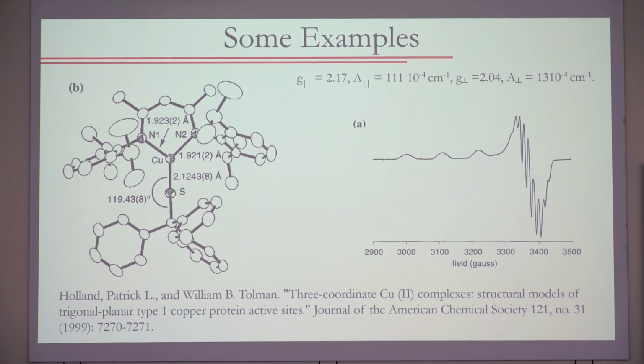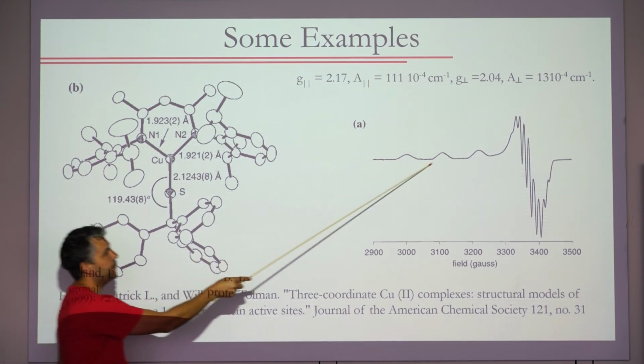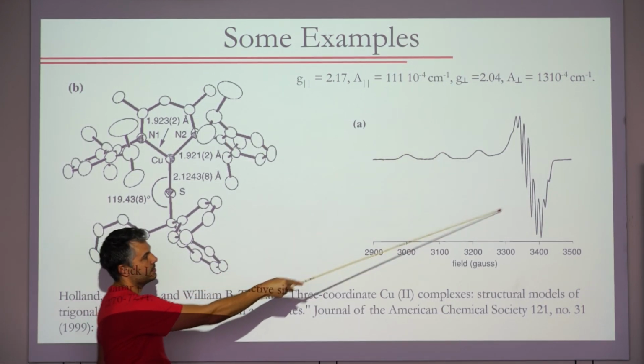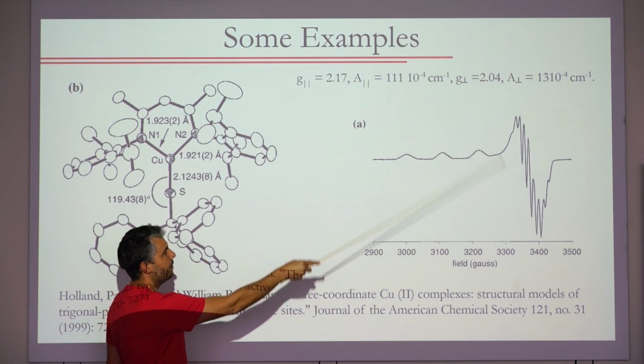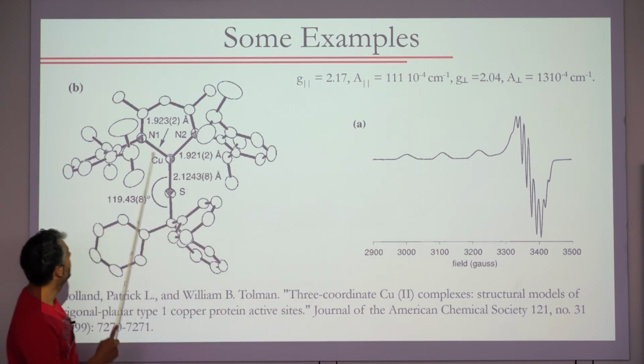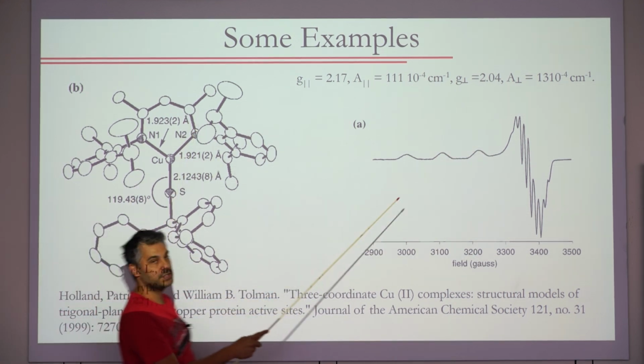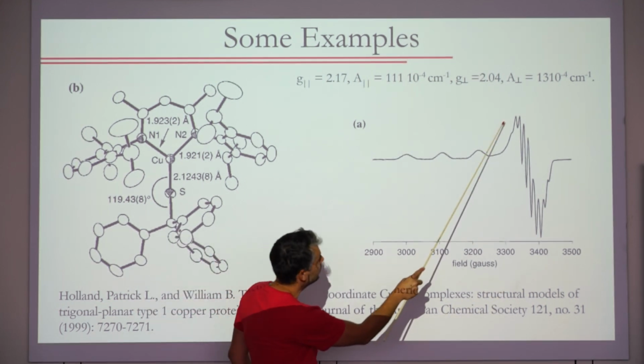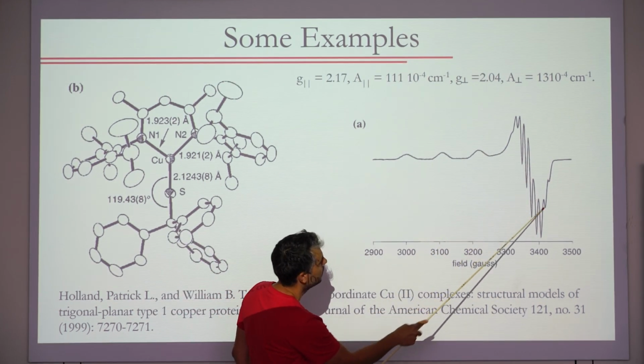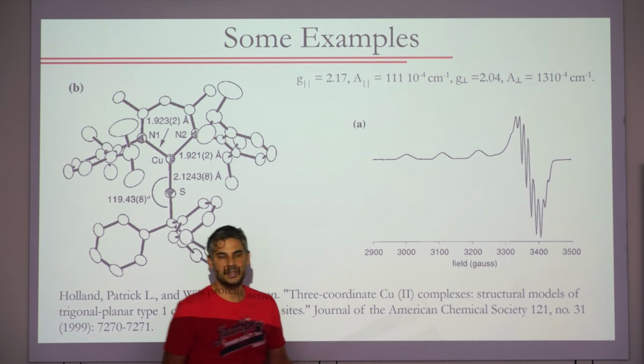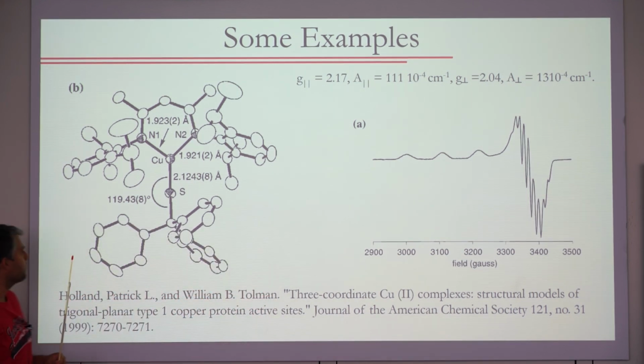Then another example, some other copper complexes, I think it's kind of trigonal, and you can see the hyperfine splitting, and those are the parameters. You also see the superhyperfine splitting, I think, of these 2 nitrogens. So 2 nitrogens will give you 5 lines. So I think you see 1, 2, 3, 4, 5. Okay, maybe there are 7, but let me see.